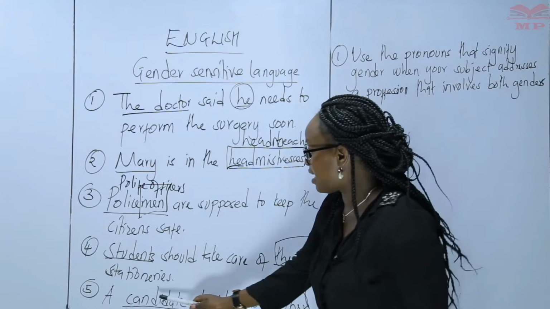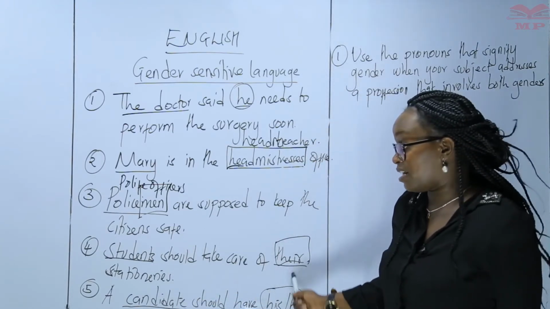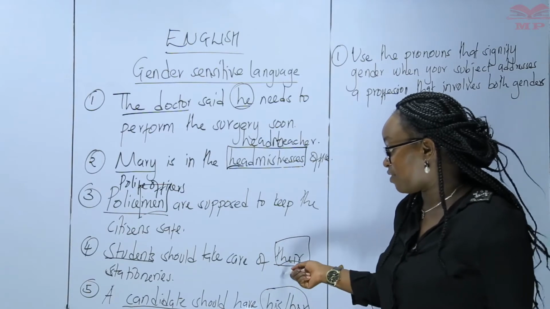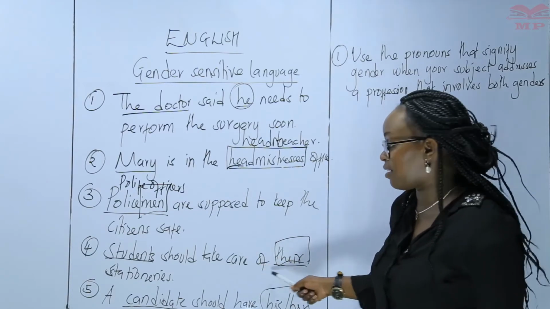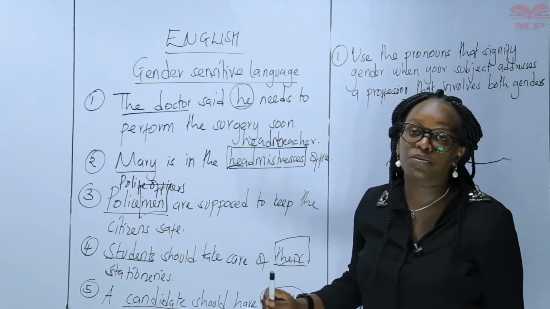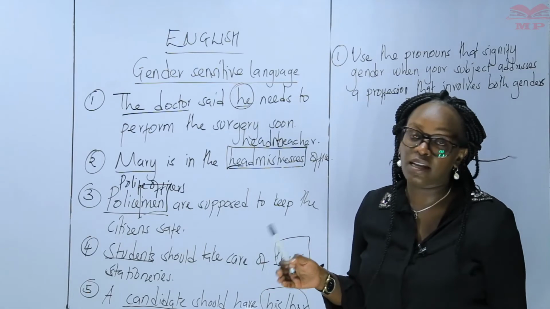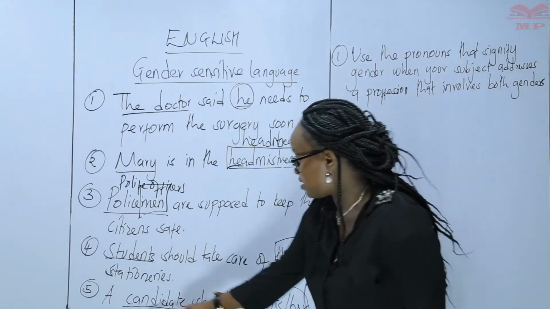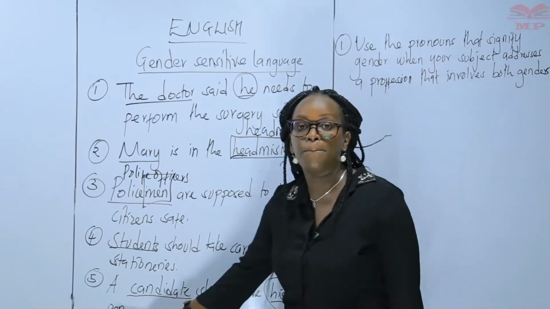In another sentence like students should take care of, okay, there is also correct, or you could also have his should take care of. Okay, this already is in the plural, so you cannot use he or she because those are pronouns that are actually in the singular. So let's look at this sentence. A candidate should have his or her pen.